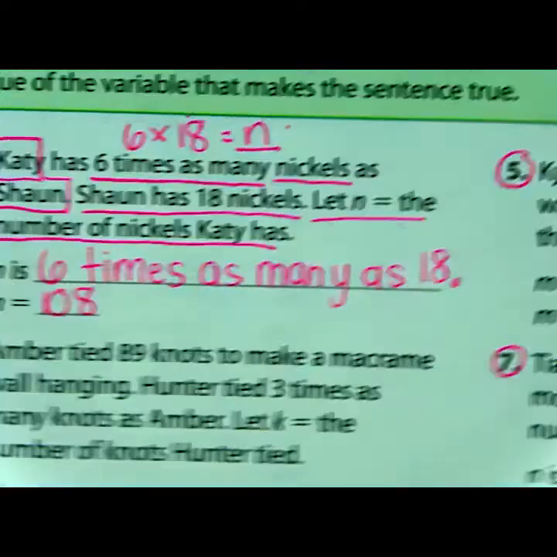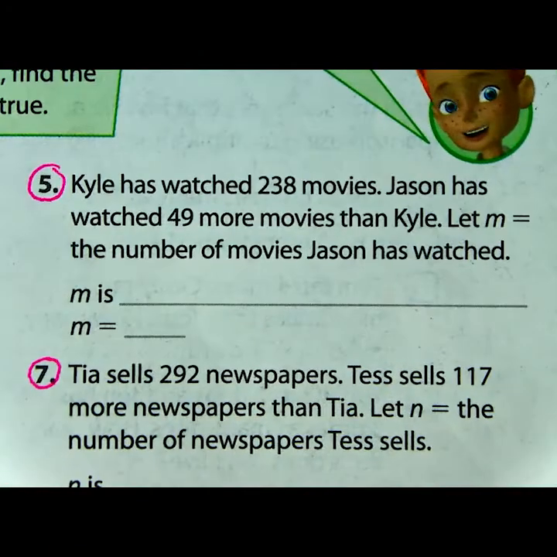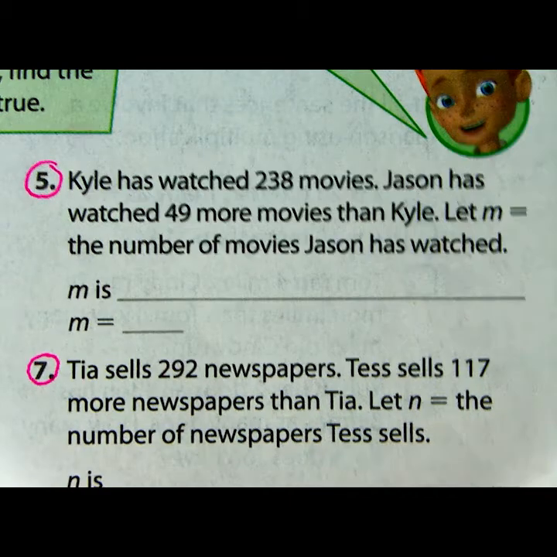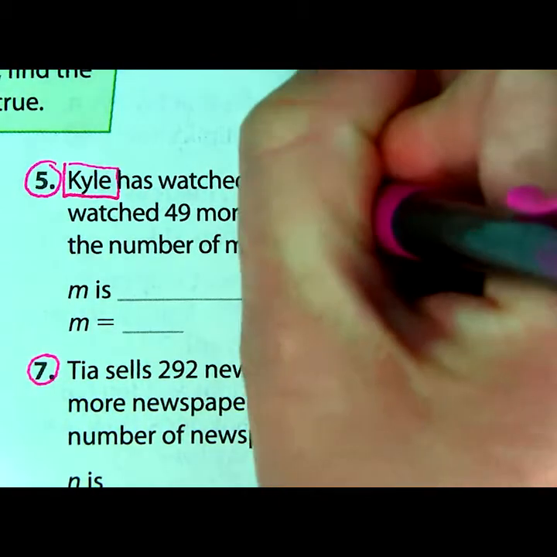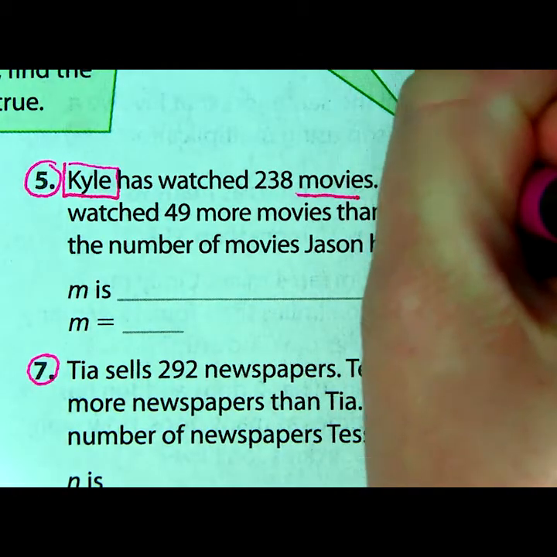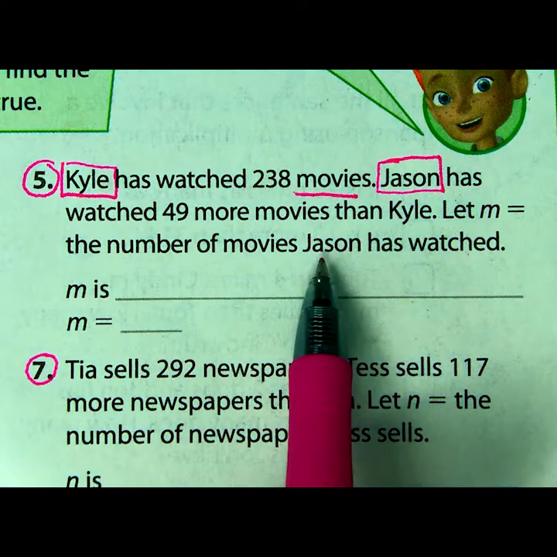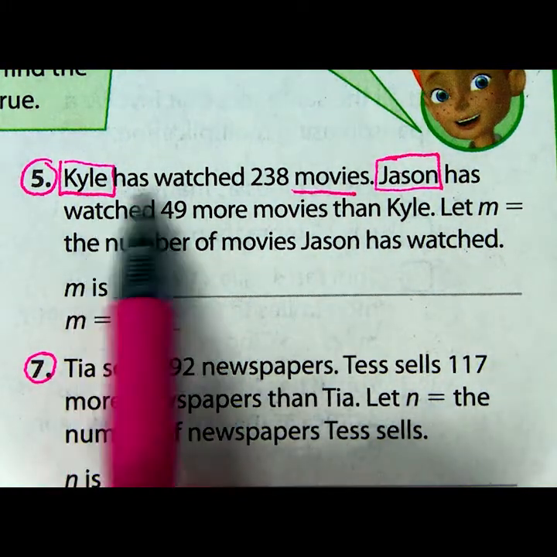Let's move over and look at question number 5. Kyle has watched 238 movies. Jason has watched 49 more movies than Kyle. So what we're comparing here is the number of movies that these two friends have watched, Kyle and Jason. That's step 1. Step 2, try to figure out who watched more. Kyle has watched 238.